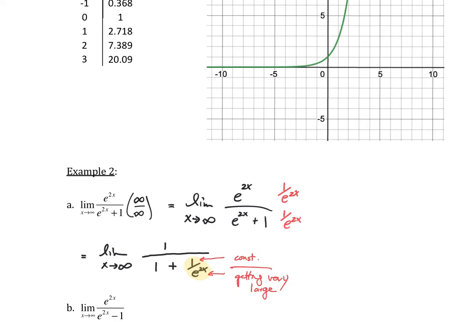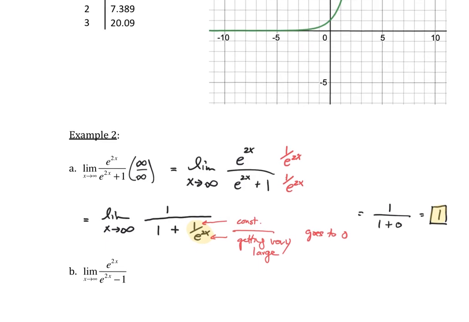So when the numerator is constant and the denominator is getting very large, that whole thing is going to go to 0. So this part goes to 0. So in the end, I am going to have 1 over 1 plus 0, and that's just going to give me the answer of 1. So the answer for 2a is just going to be 1.